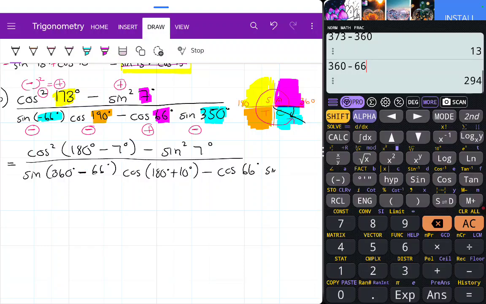And then sine of 350. Remember, my upper line on the calculator must equal the bottom one. So what are we going to say? We're going to say 360 degrees minus 10 degrees gives us 350. So sine of 360 minus 10. That's what we're at right now.